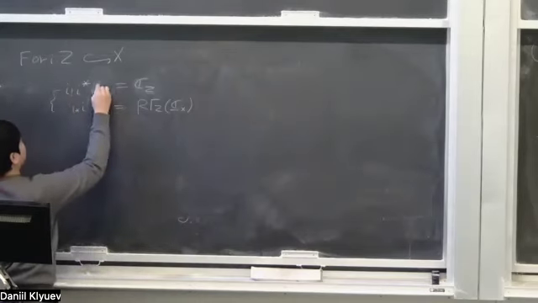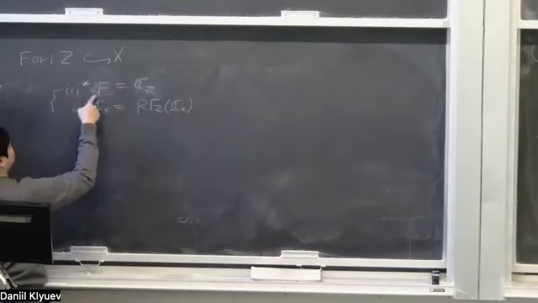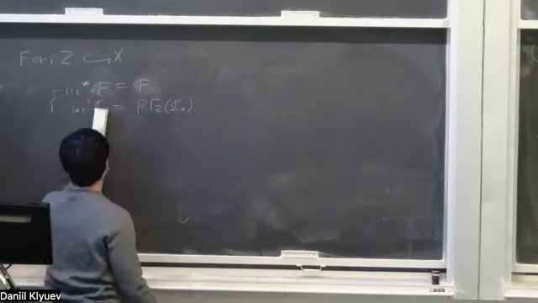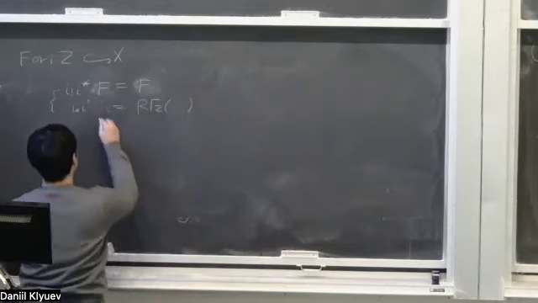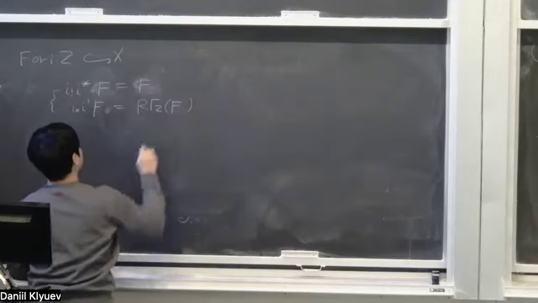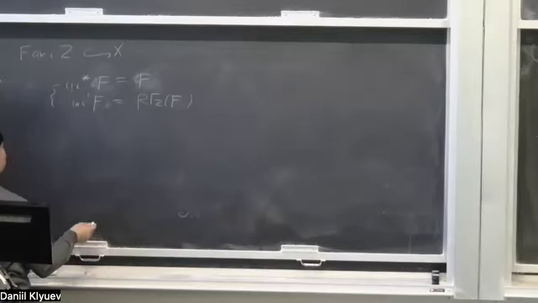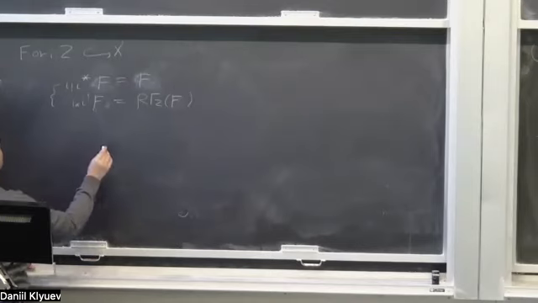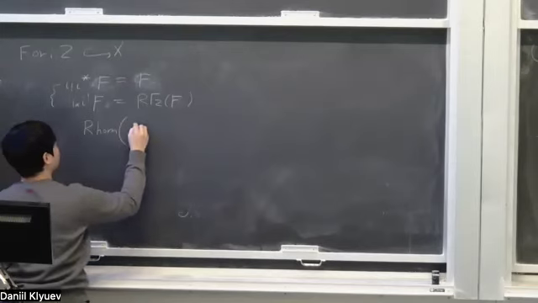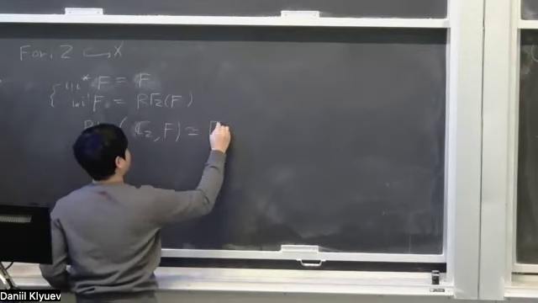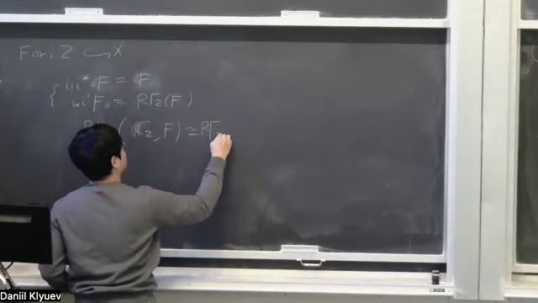Oh, sorry. We can just apply this functor on any sheaf F, and we get this. And the important fact about this is that we have RHom of the Z isomorphic to RΓ_Z.